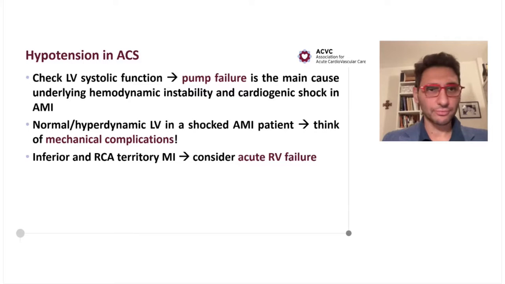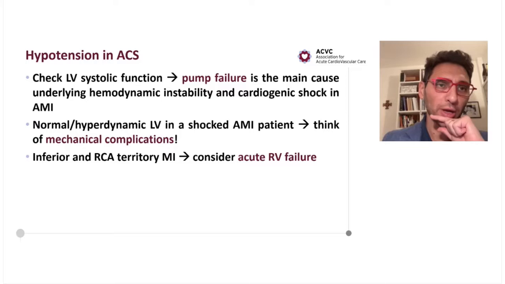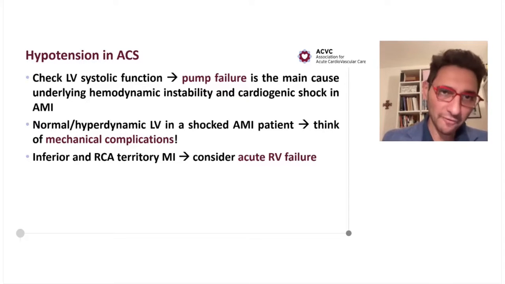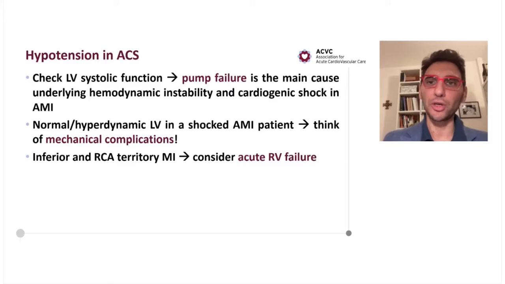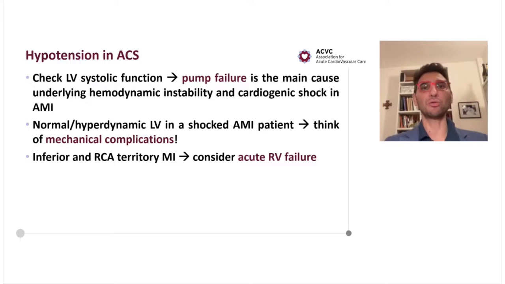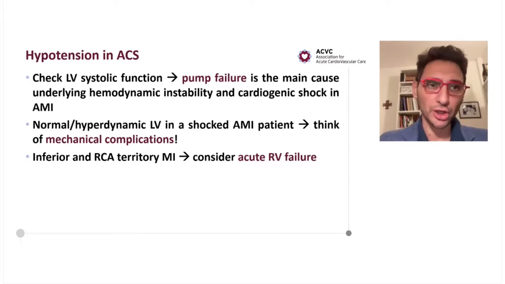And in this case, of course, check in a patient with hypotension in acute coronary syndrome, first check LV systolic function. Pump failure, we know, is the most important cause of hemodynamic instability, cardiogenic shock in acute myocardial infarction, but not the only one.